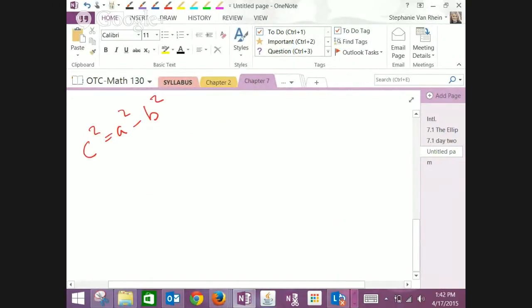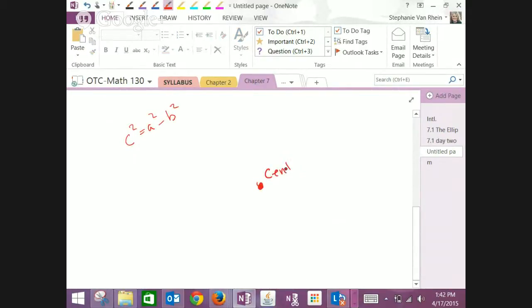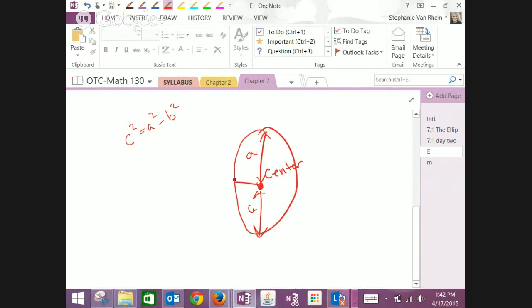Yeah. Okay, so let's just kind of look at this. If I have a center here, right? And let's say I give you this distance, or you find this distance. If this is A, and this becomes your major axis, because A is the distance from your major axis, B is the distance from your minor axis, C is the distance from your center to your focus point.